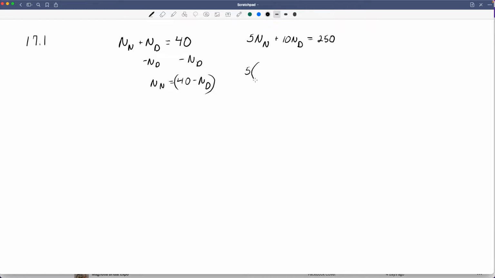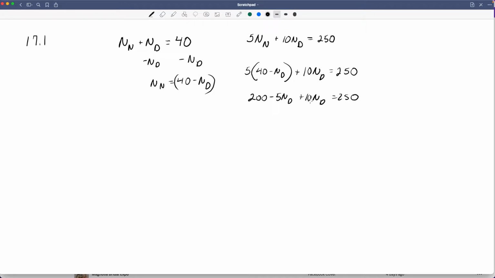So 5 times 40 minus the number of dimes plus 10 times the number of dimes is equal to 250, not 200, 250. 5 times 40 is 200, minus 5 times the number of dimes, plus 10 times the number of dimes, equals 250.